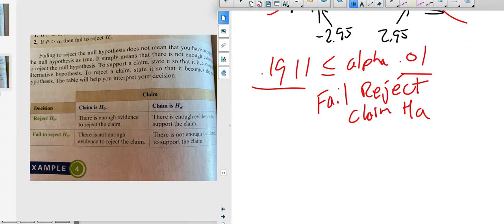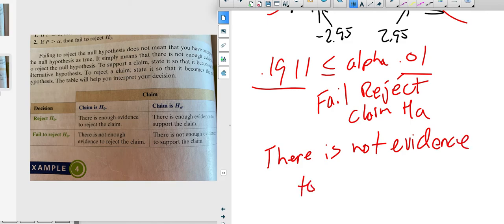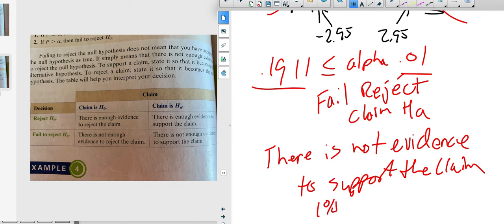There is not enough evidence to support the claim that there's a difference. There's not enough evidence to support the claim at the 1% level that the legislator's performance rating has changed.